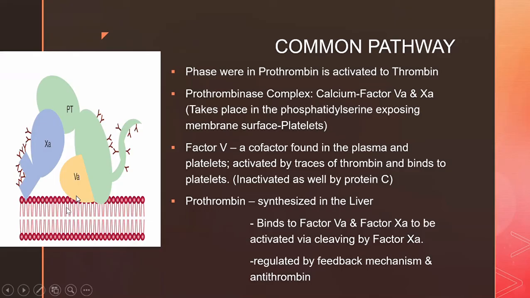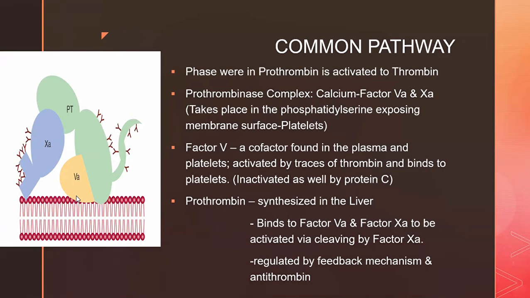Your factor 5 is a cofactor found in the plasma and platelets and is activated by traces of thrombin and binds to platelets. So this needs to happen on the surface of the platelets, and it should be bound to your prothrombin so that your prothrombin can be activated.